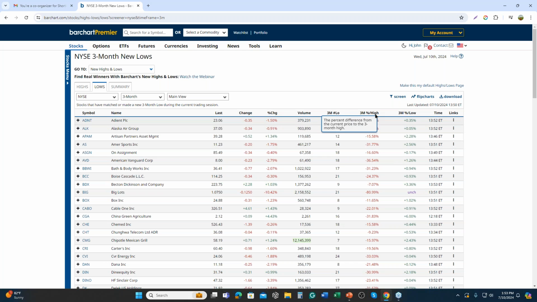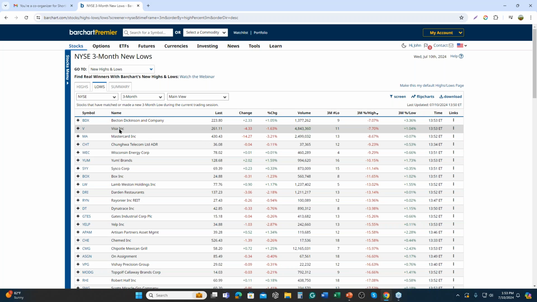Notice a lot of these stocks have already fallen 20, 30, 80%. We want to concentrate on those that have only fallen a small percentage from the most recent high. Again, these still could be good candidates, but be prepared to wait for a potential entry.